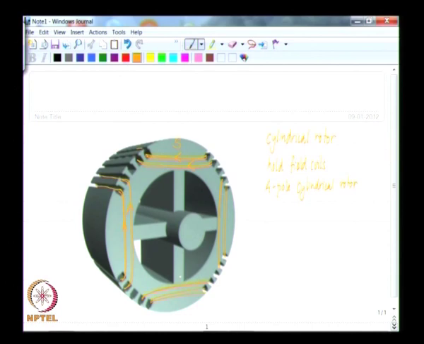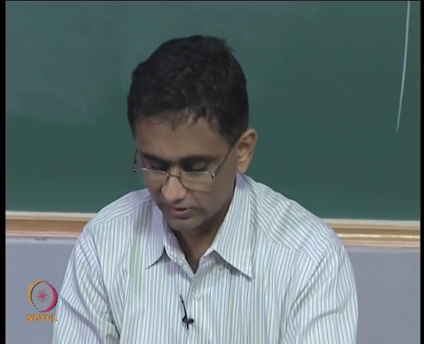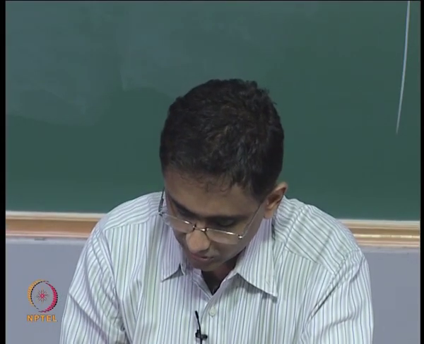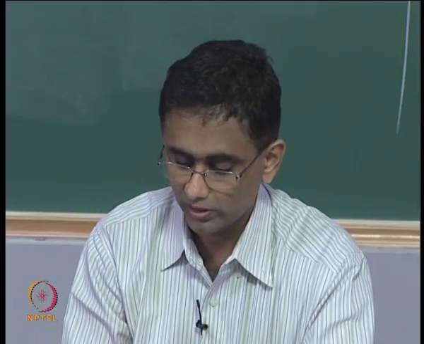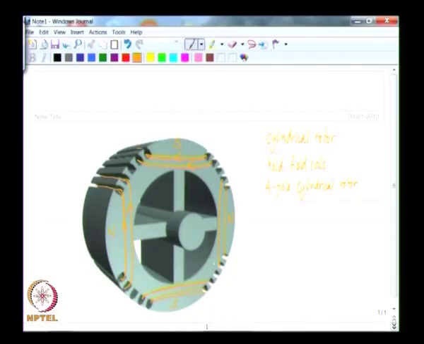So, the direction in which excitation is arranged would be such that you generate a north pole here, a south pole here, and a north pole here. So, you have a 4 pole system. All these may be connected in series, so that you ensure the same current flows here, or it may also be connected in different ways, but the idea is the ampere turns in each pole is to be ensured to be the same.